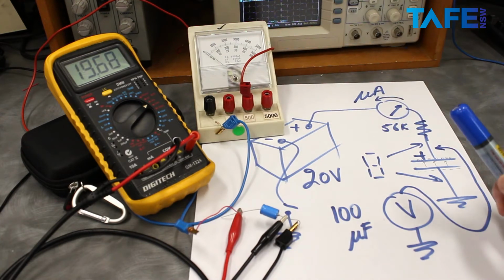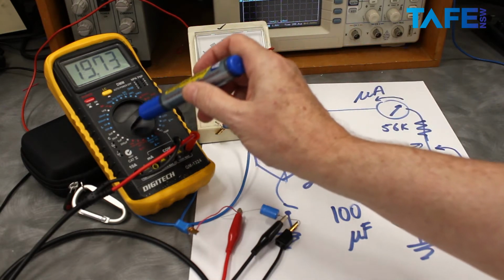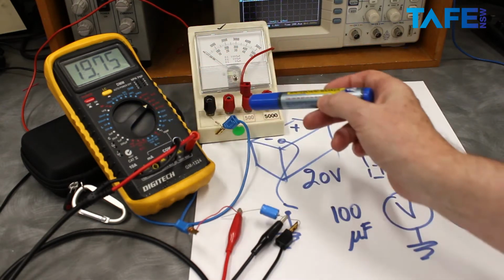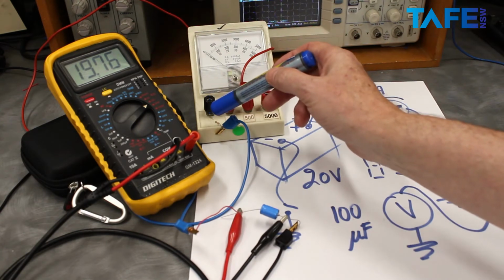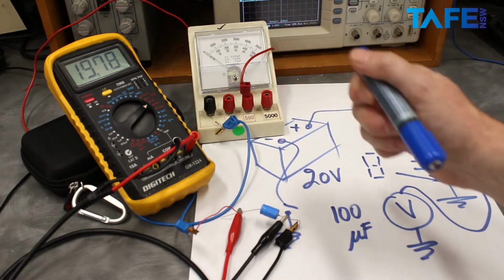Can anybody think why? Well, this has still got 10 million ohms of resistance, and we have got 56k ohms above it, so we still do have a voltage divider, and we're going to have bleed current going down.